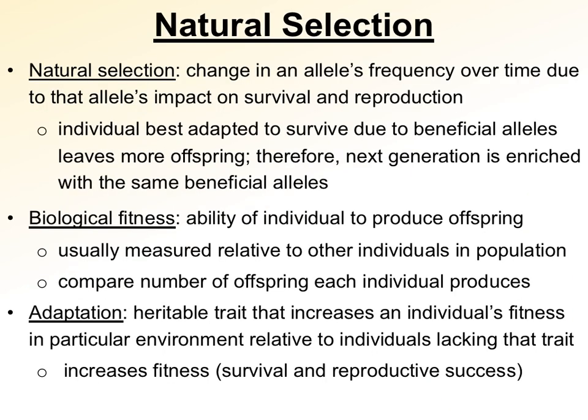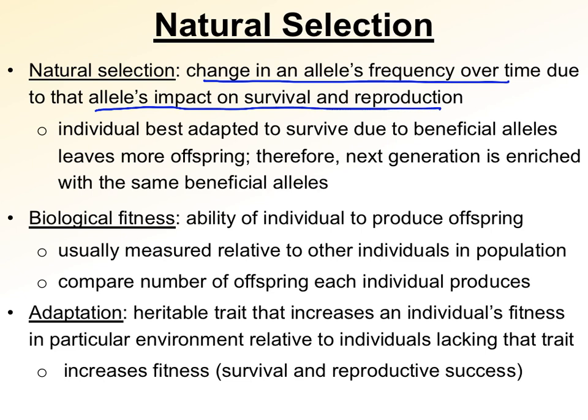So there are many ways that evolution can occur. One of the primary ways evolution can happen is through natural selection, and we're going to spend most of our time talking about natural selection. But again, there are many different ways that evolution can occur. Natural selection is the change in allele frequency over time, which is basically our definition of evolution. But in this case, it's due to that allele's impact on survival and reproduction.